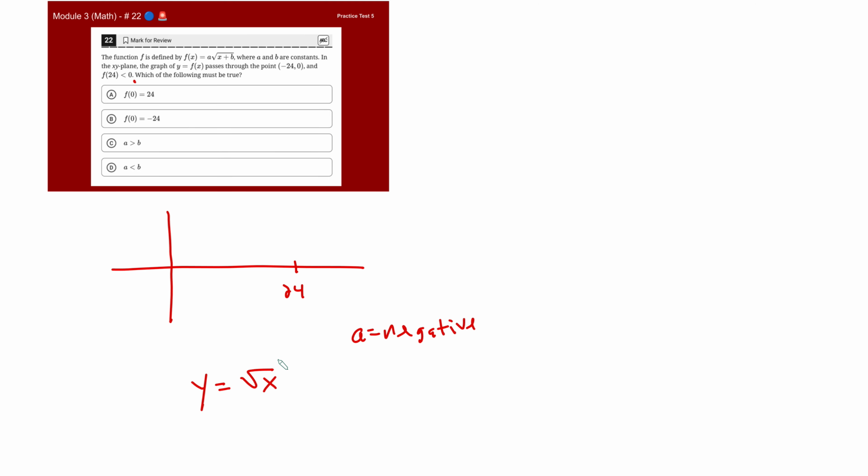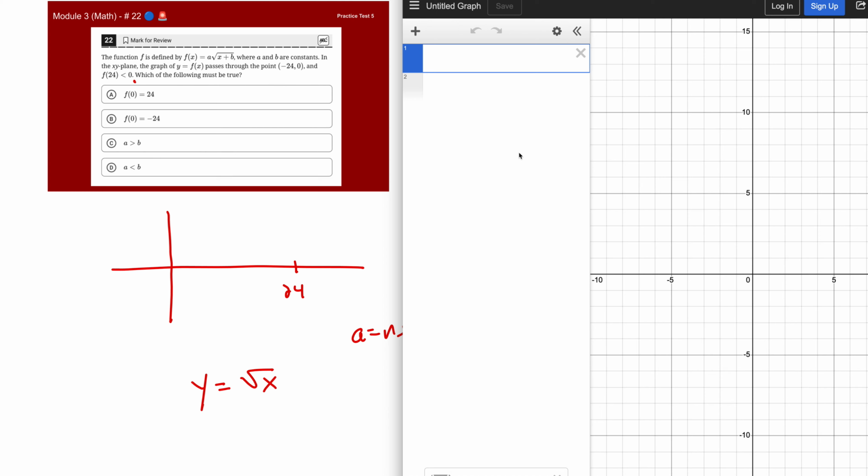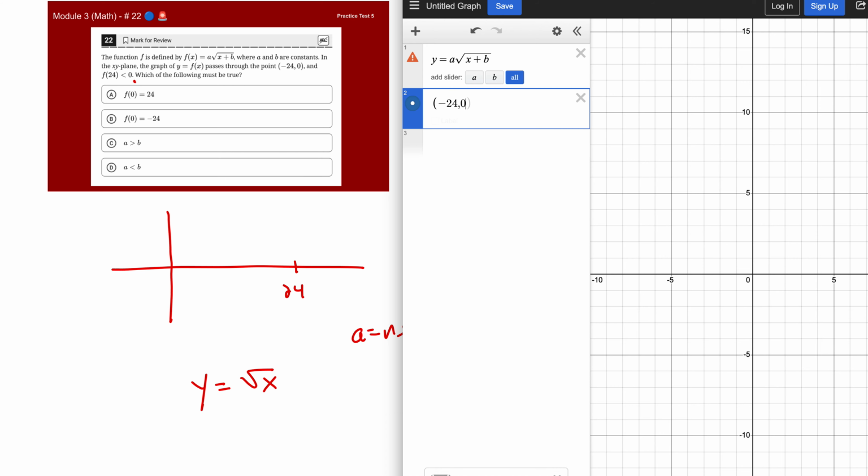Okay, so watch this. I'm going to go ahead and type in this function: y equals a times the square root of x plus b, and we can put in our point. Let's plot our point of negative 24 comma 0.